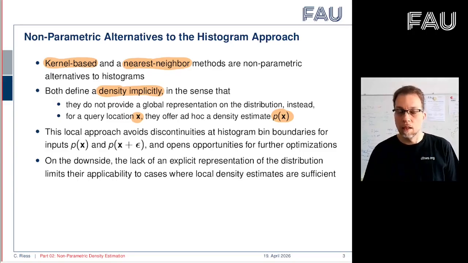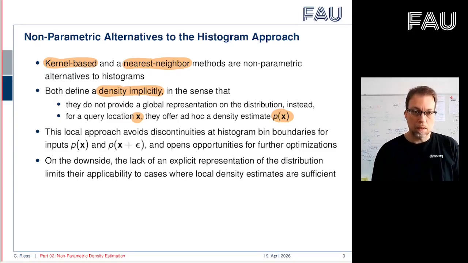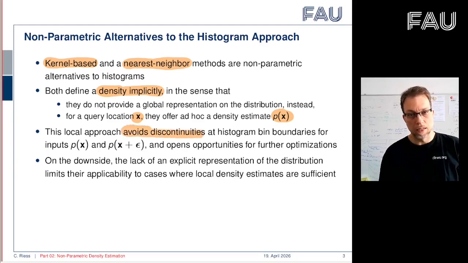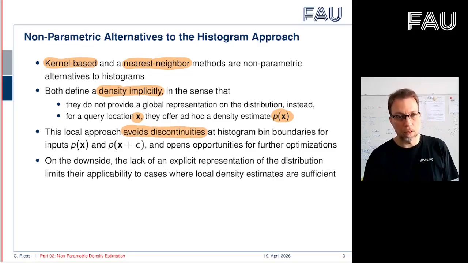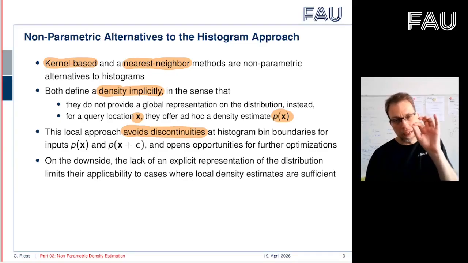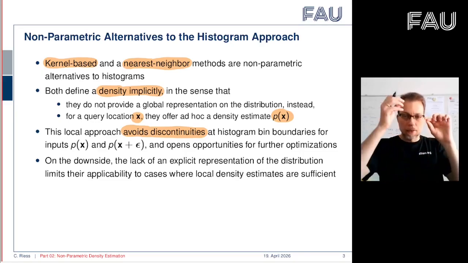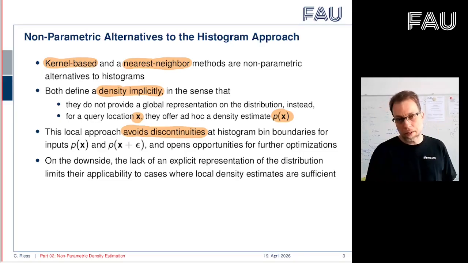Hmm? This has an advantage, so it avoids these discontinuities that we just mentioned at histogram bin boundaries. So if you have an input X and look at the density P of X, and you have an input just next to it, moving a little bit, and look at the density P of X plus epsilon, then at a histogram it may be the case that it jumps. No?